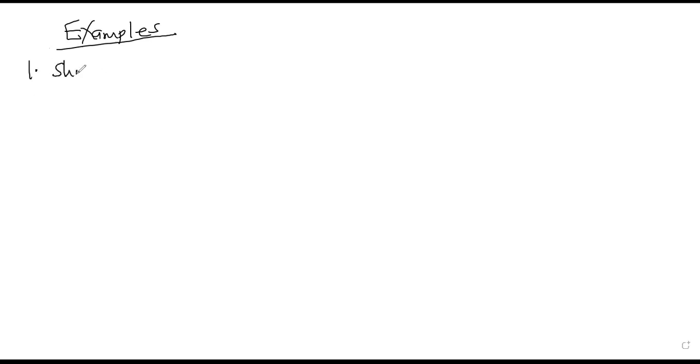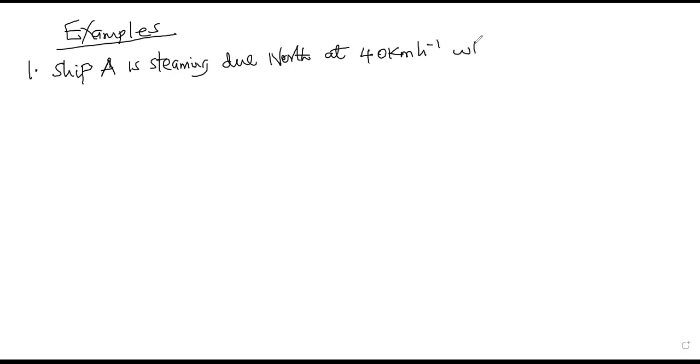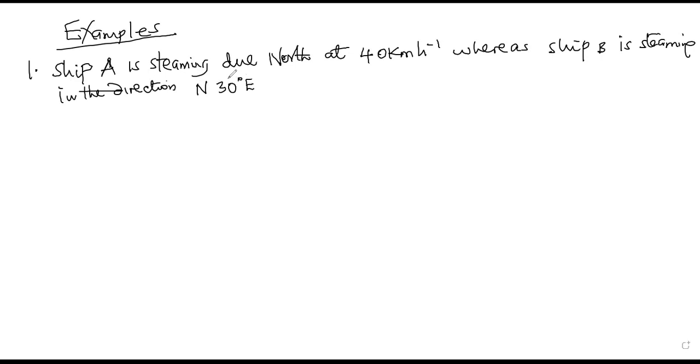Ship A is steaming due north at 40 kilometers per hour, whereas ship B is steaming in the direction north 30 degrees east at 30 kilometers per hour.